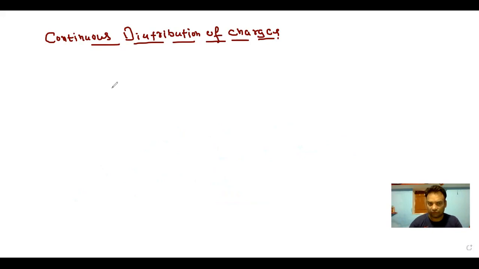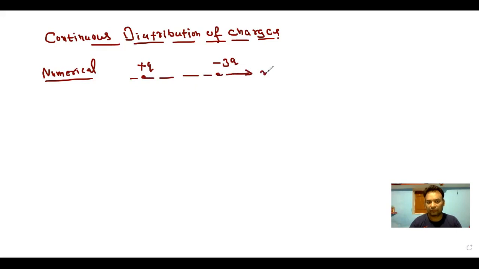So what is the situation? This is a simple numerical, and we have a system in which we have a plus Q charge here, a plus Q charge here, and another minus 3Q charge over here. This is my x-axis. And the question is to find out the point where the potential is 0.